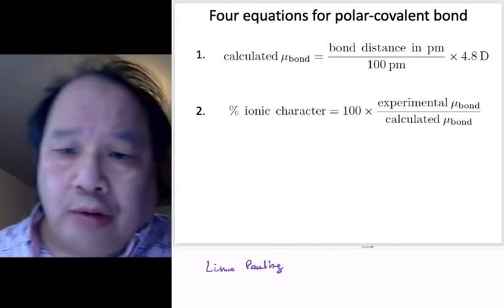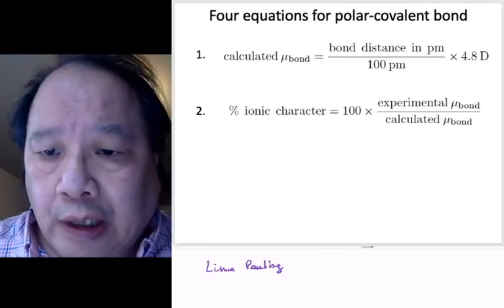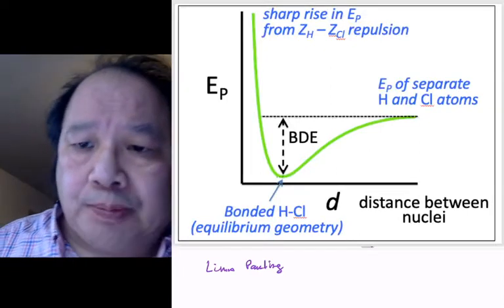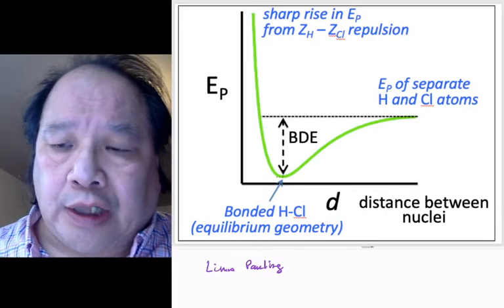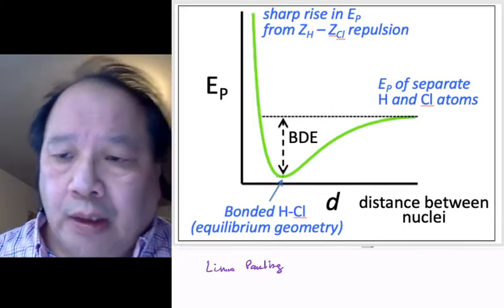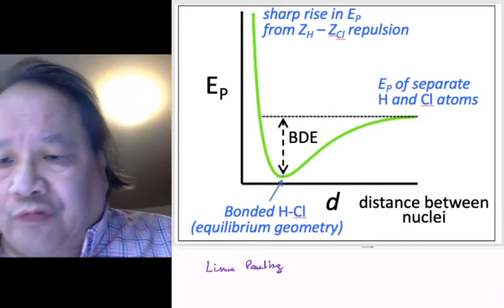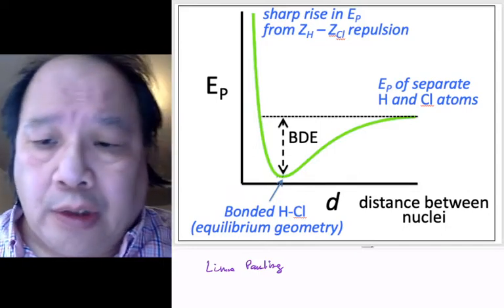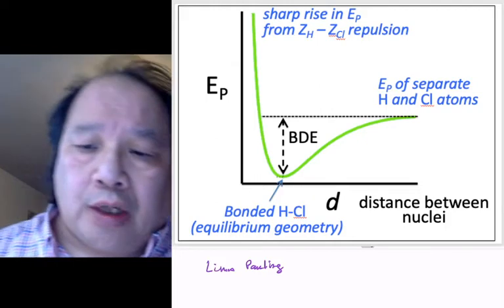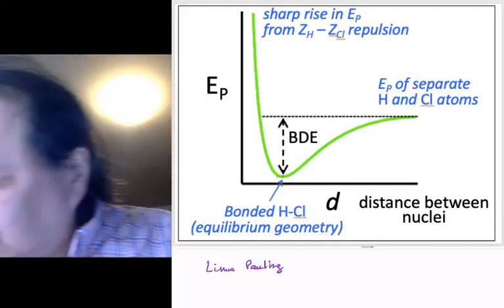And he looked at lots of data for it, and to understand Linus Pauling's work, this is a very important picture to understand. Here's HCl. When the two atoms are far apart, there's no bond. When they come close to each other, they make a bond. They're shown bonded in HCl, and you see BDE.